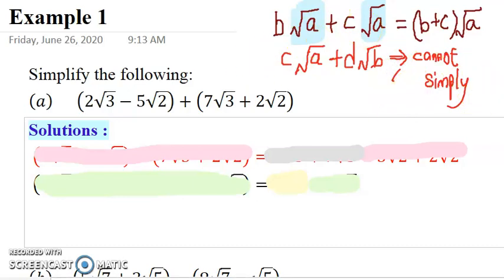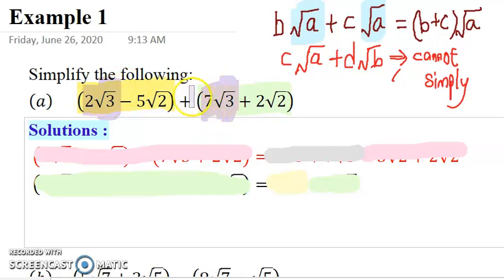Now, let's refer to example A, and we're going to apply this idea here. You see we have the first bracket, added with the second bracket. Let's see, in the first and second bracket, do we have any common surd term? You will find that we have 2 square root of 3 and 7 square root of 3, so both have square root of 3.